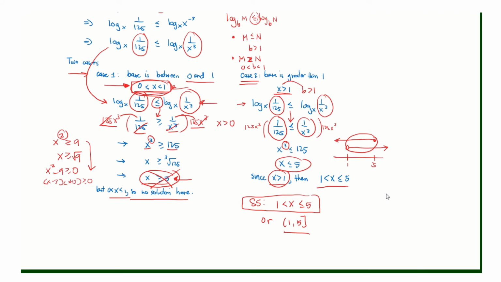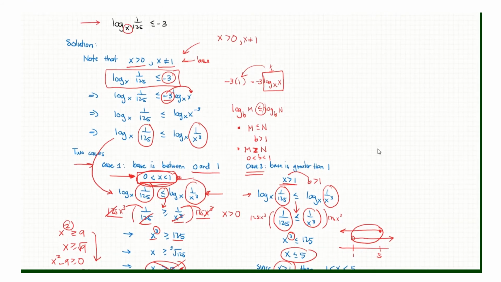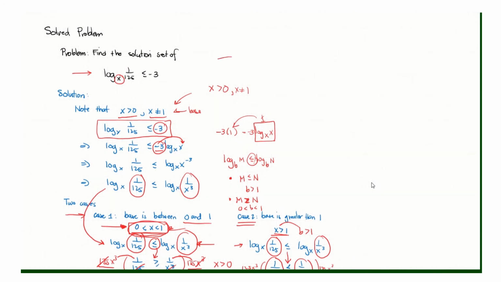Okay? So let me just give this as a warning. When you are working with logarithmic inequalities, some of you might be tempted on doing this because you probably came from solving equations.